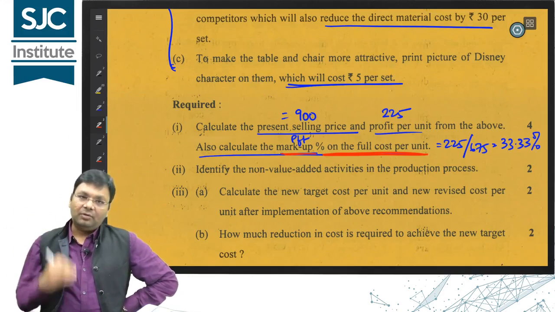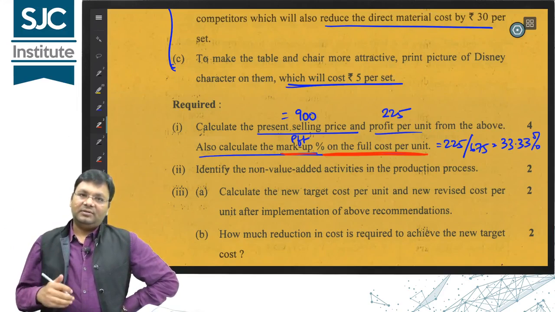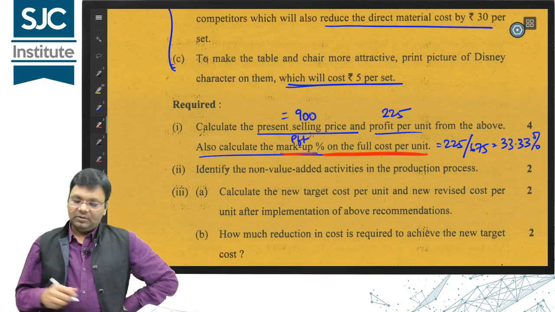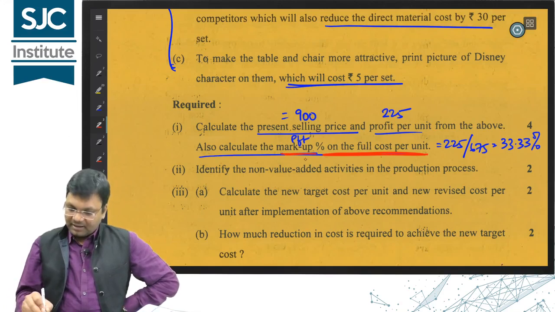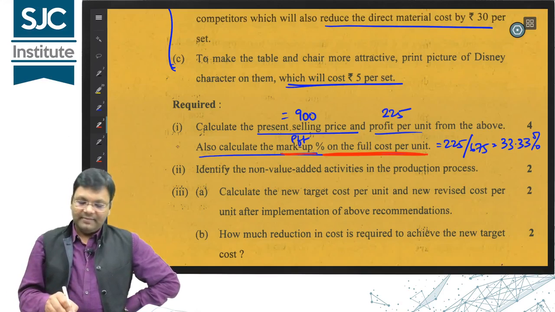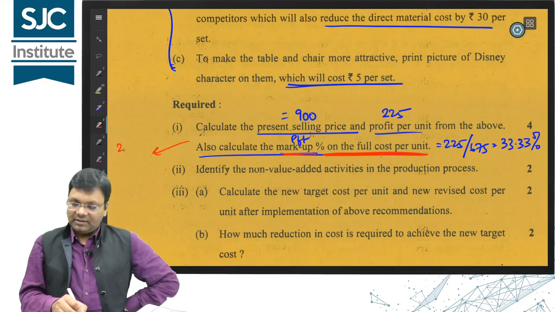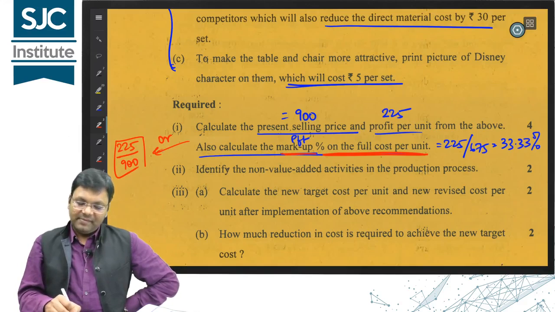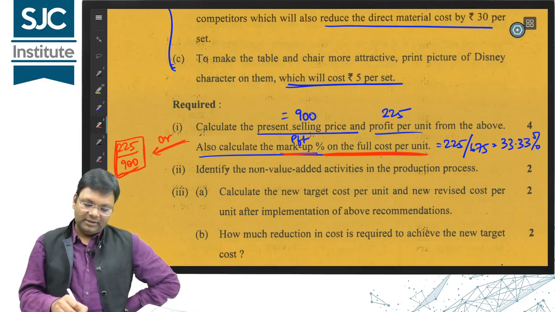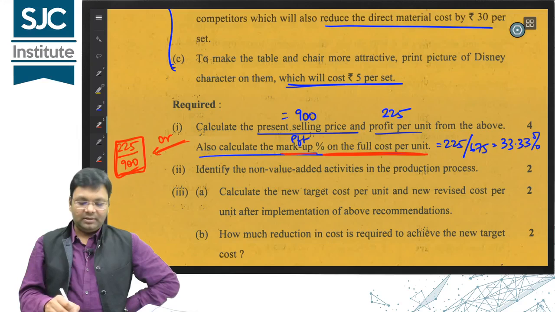Selling price is marked down to find out the profit, but cost is always marked up. So markup means you have to take profit on cost. So we may sometimes tend to understand this as 225 by 900 optional, there may be a possibility that some students are doing this because of language ambiguity in the question.